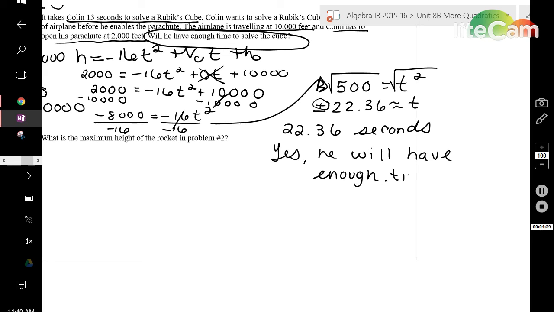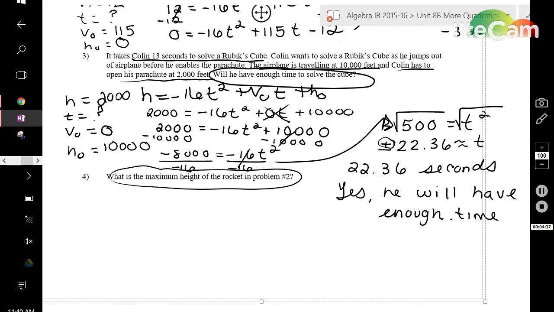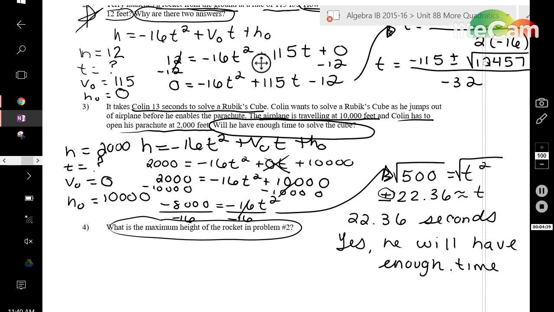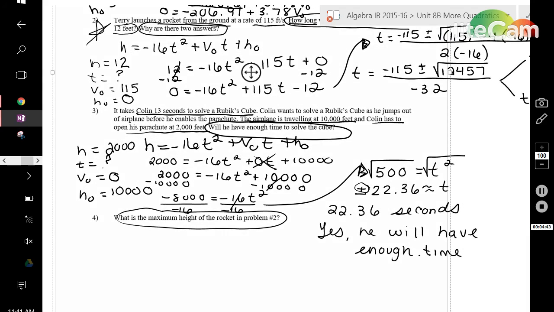The last problem is going to make us refer back to number 2. Number 4 is asking, what is the maximum height of the rocket from problem 2? So if I go back up to problem 2, it says Terry launches a rocket from the ground at a rate of 115 feet per second. So velocity was 115. From the ground means my starting height was 0.